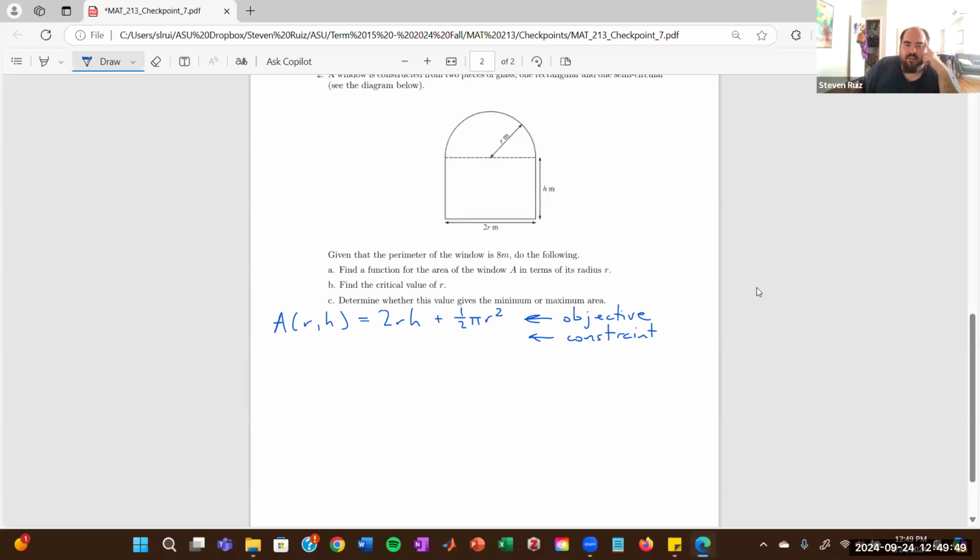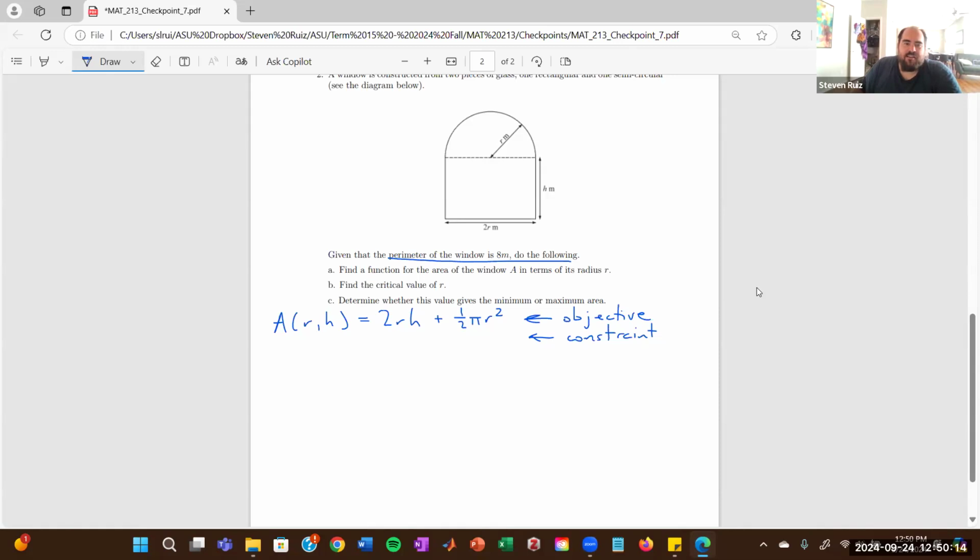What's the maximum area? Okay, just make the biggest window you want, because you haven't constrained me. You haven't given me a rule, some kind of requirement that I have to follow. And on the other side, what's the smallest window I can make? Okay, I'll just use as little glass as I want. No glass at all. But we are told that the perimeter of this window is 8 meters.